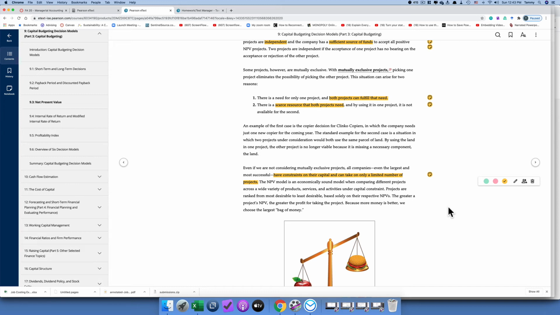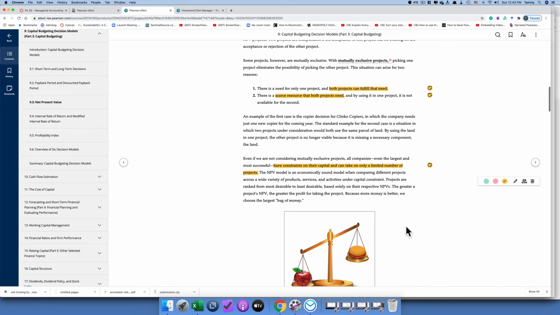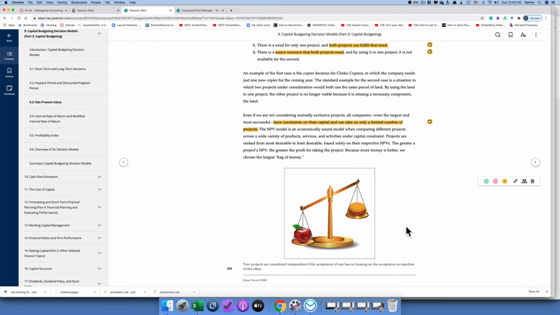Even if they're going to be profitable, you still don't have unlimited fundraising capacity. Okay? But when you have to make decisions between projects, the one that you choose is the one that will give you the most bang for your buck, right? The greatest net present value.